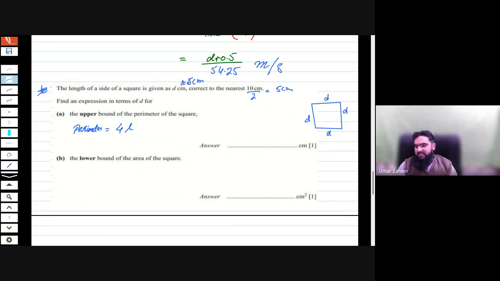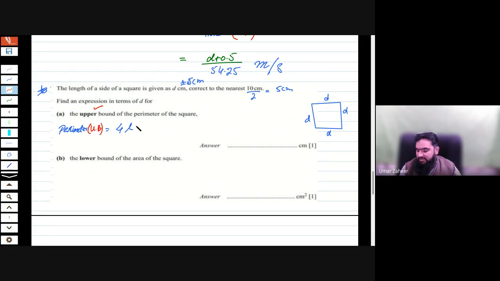For example, if it is a rectangle, we have to write 2 into length plus width. Okay, so the question was to find the upper bound of this value.